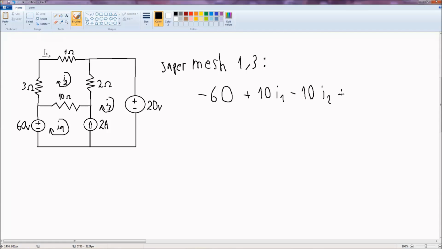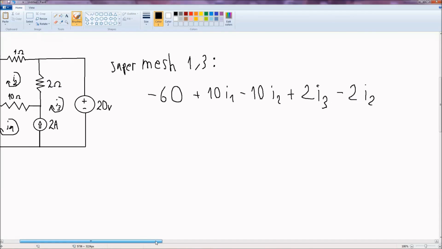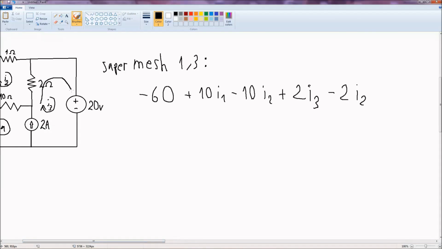Let's now add 2 I3, because mesh current here is I3, and minus, we have also this one here, so minus 2 I2, and then we have I3 entering the plus of the 20 voltage source, so we had 20 here, and this all is equal to 0.